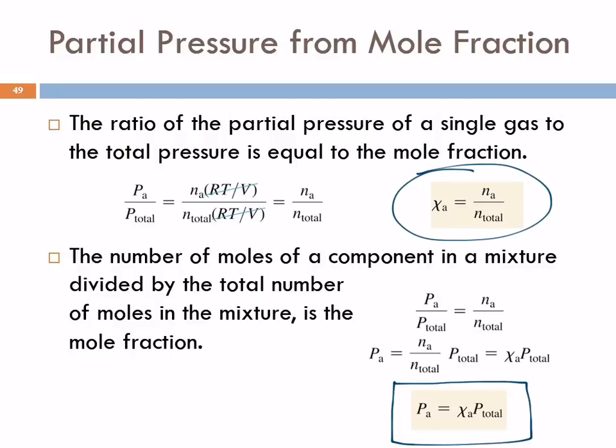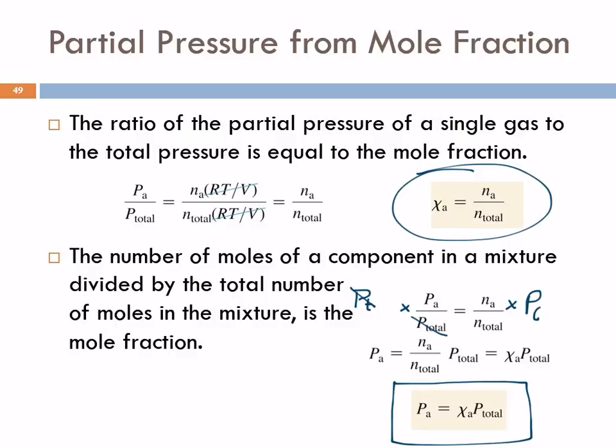So for the last part, or the one directly above it, where you have chi A times P total, what happens to the PA? PA equals, okay. So what we did here is we took this P total and we multiplied both sides. So if we multiply by P total on both sides, then the P total cancels out over here.